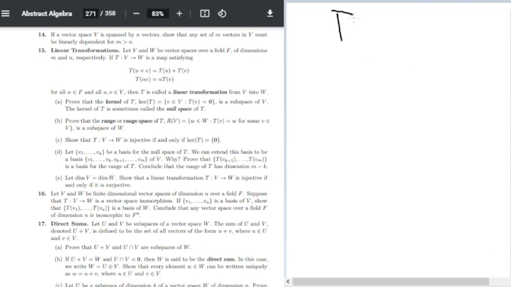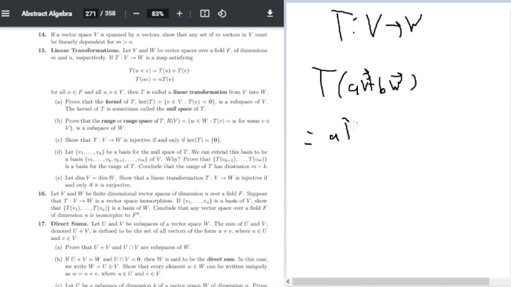So T is a map from V to W. We express both conditions by saying T of av plus bw is equal to a T of v plus b T of w. We ultimately express it as that, for simplicity's sake. Then T is called a linear transformation.